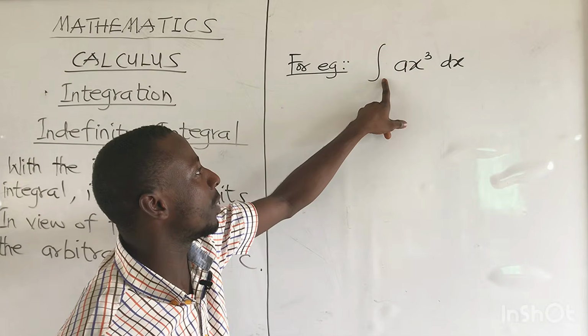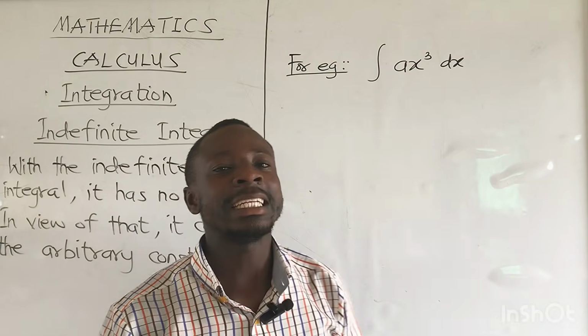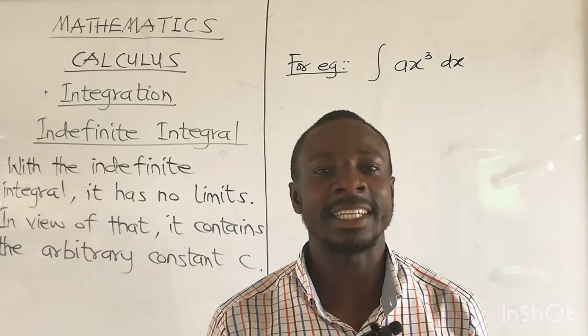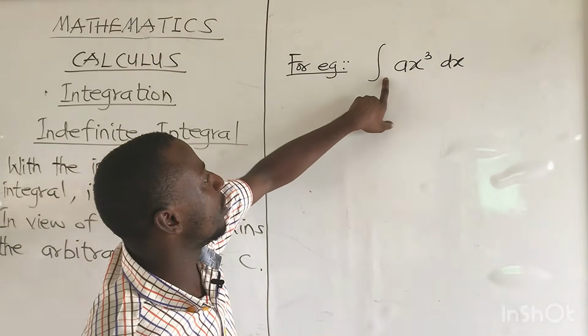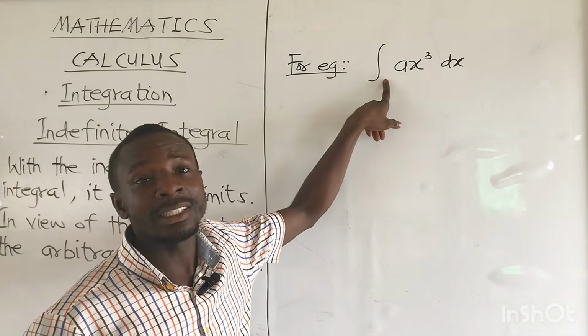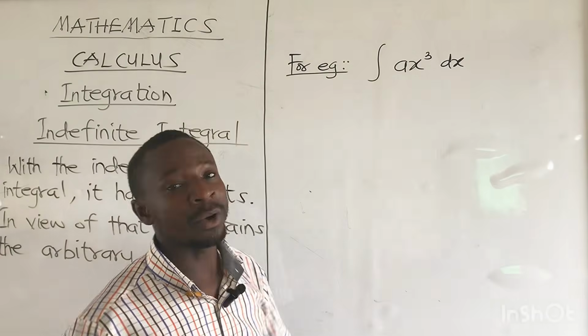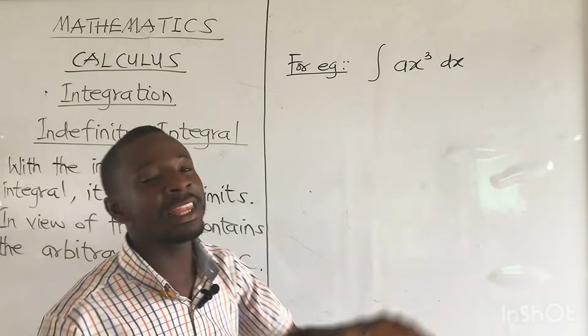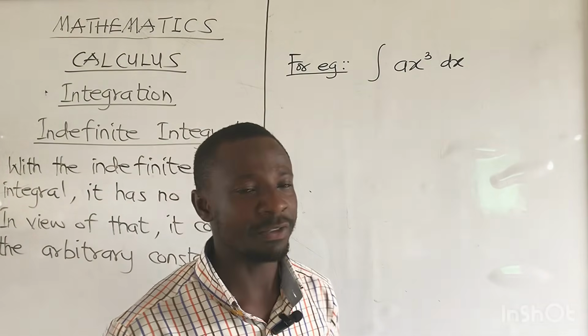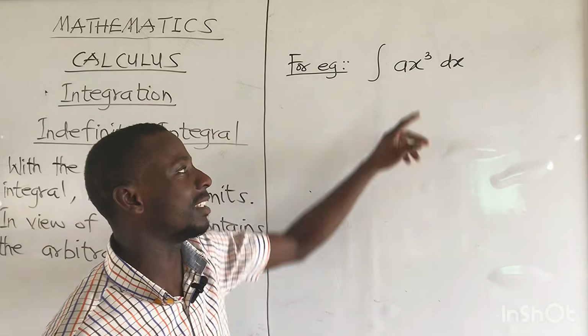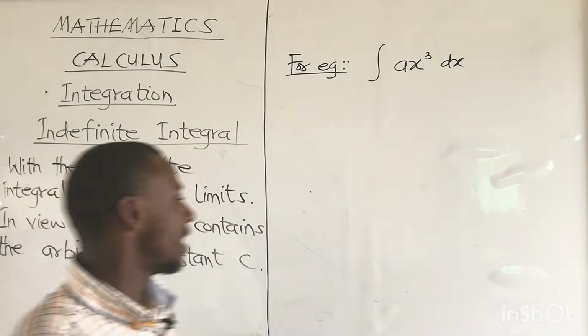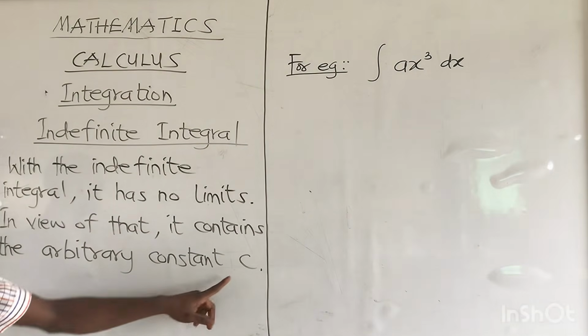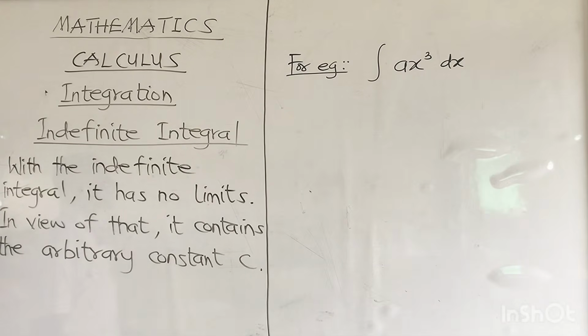So there is no value here, there is no value here. That is what we call the indefinite integral. So the value below, we call it the lower limit. The value up there, we call it the upper limit. But from here, there are no limits. In view of that, after integrating, you have to add the arbitrary constant C. That makes it the indefinite integral.